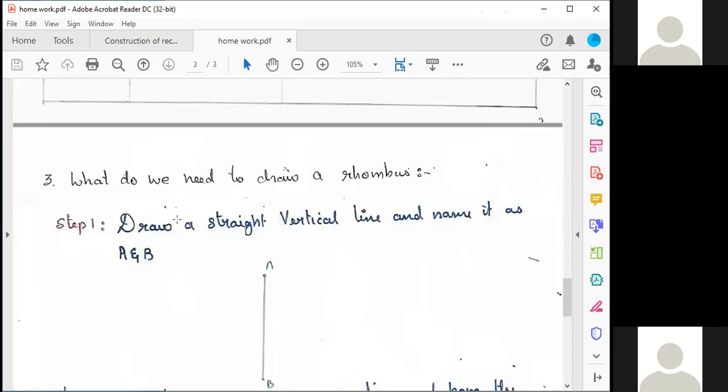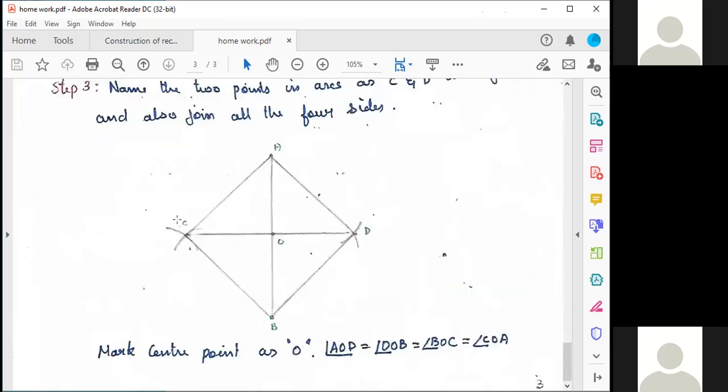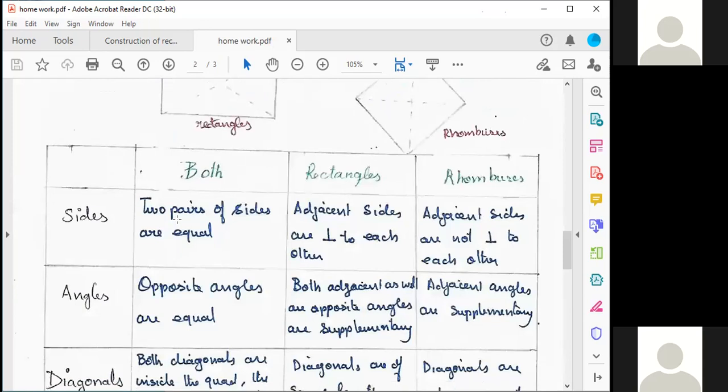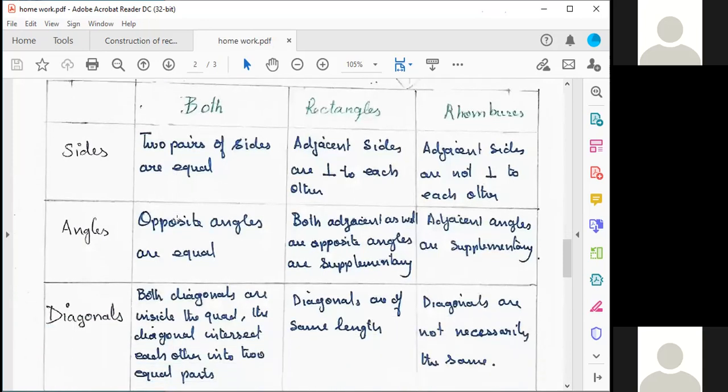Let me see if there is a white space. No, that's okay. Let me just use the whiteboard.